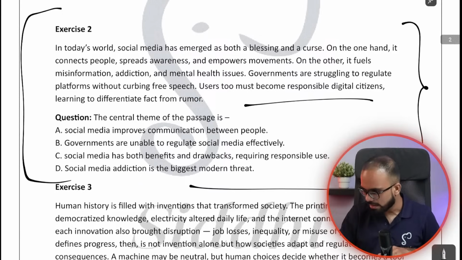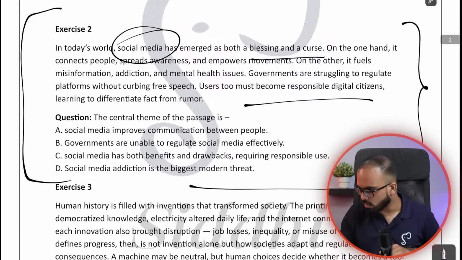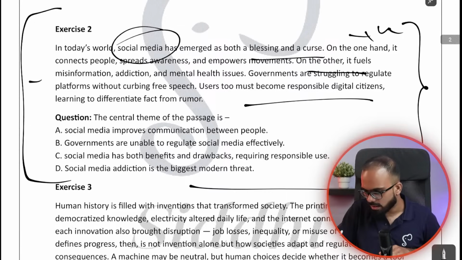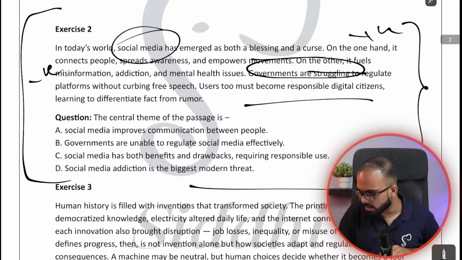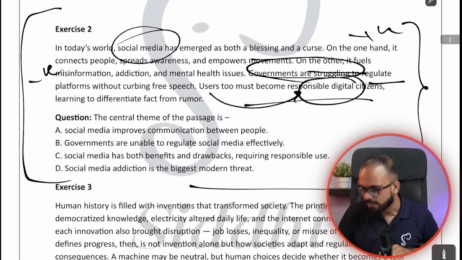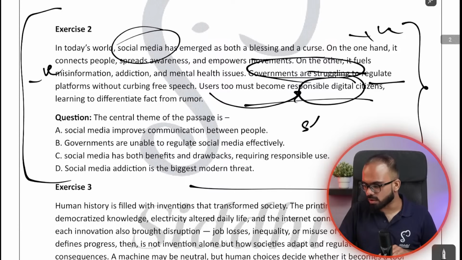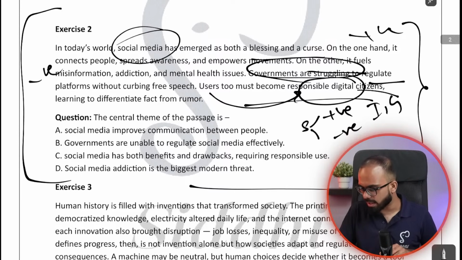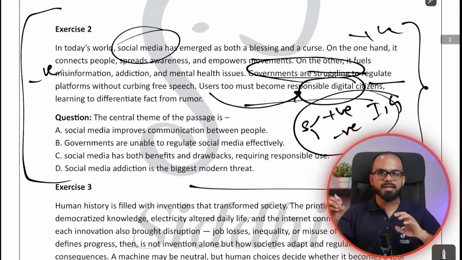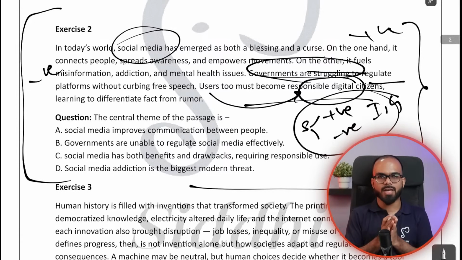For example, if I am reading this: social media, both blessing and a curse, positive and negative. Governments are struggling to regulate. Users too must become responsible. So the idea is about social media being both positive and negative, and the role of individuals and governments. This is how you read an RC or any paragraph.